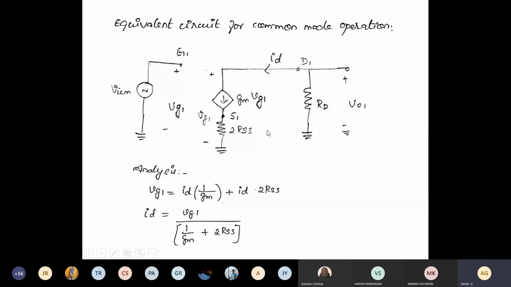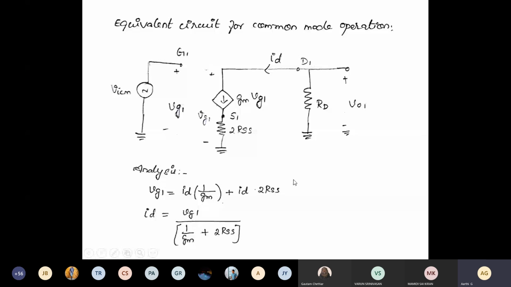So we are calculating the overall voltage VG1 as the sum of the current into the resistance of the current source plus this resistance. From this equation, we take ID in common, and then 1 by GM plus 2 RSS we take outside, and we rewrite in the form of the drain current.